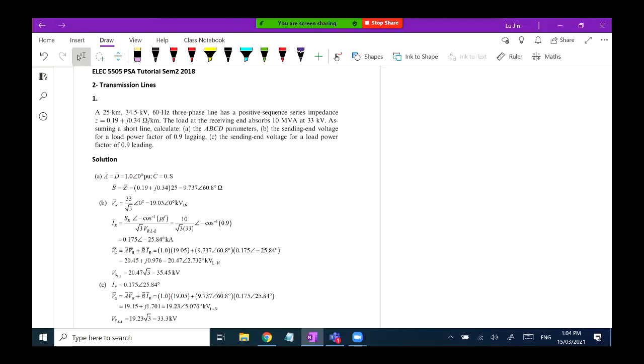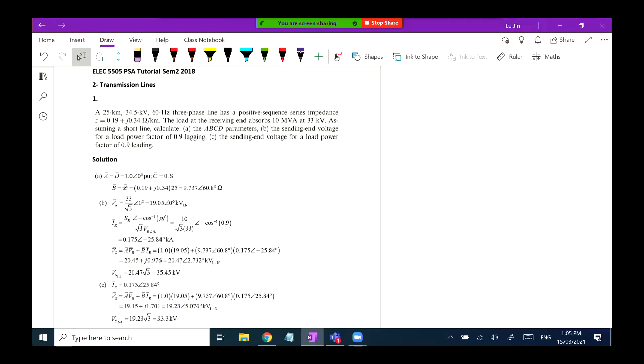But this question is talking about only the magnitude. So this is apparent power. The apparent power received by the users is 10 MVA. The voltage is 33 kilovolts. So assuming a short transmission line, please calculate the A, B, C, D parameters. I think question A is very simple.